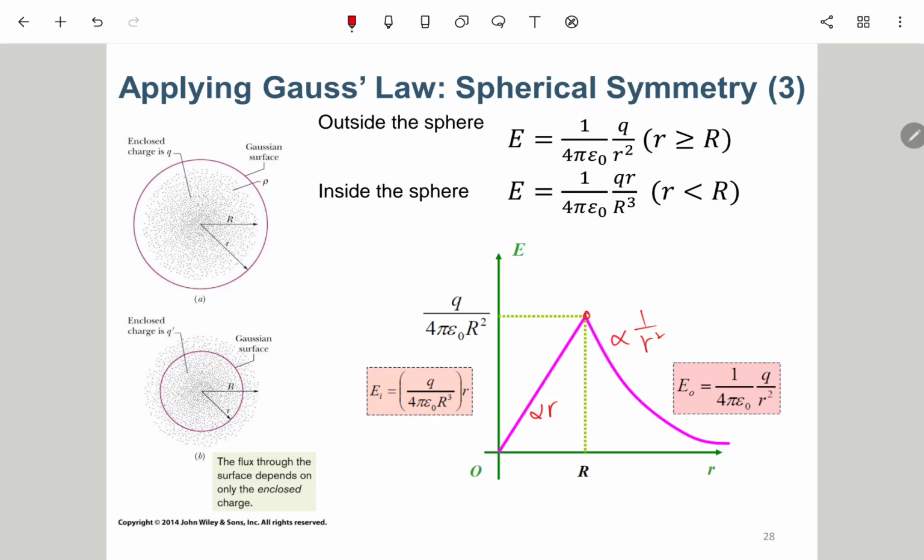Okay, so the peak will be at this point. If you just plug in small r to be capital R, then these two will be the same. It turns out to be Q over 4 pi epsilon naught capital R squared at this point.